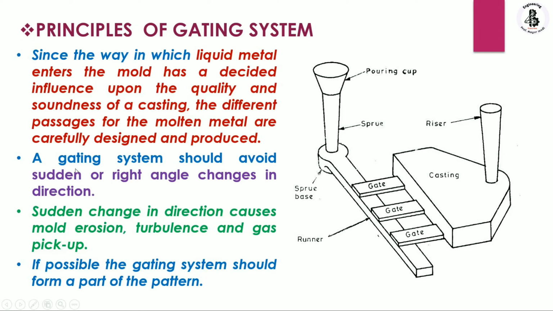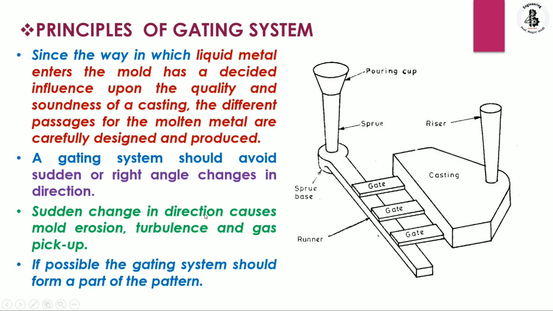Basically a gating system should avoid sudden, or you can say right angle, changes in direction. Here you can see the pouring cup connected with the sprue. At the end of the sprue, once again there is a collection of the molten metal in the form of the sprue base. That avoids sudden right angle changes in direction.